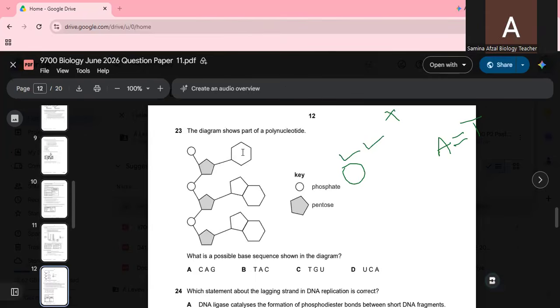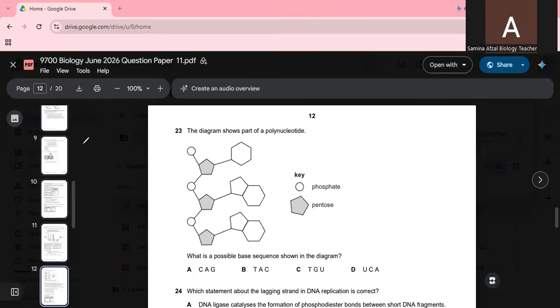Now question number 23. The diagram shows part of a polynucleotide molecule, and the pentose sugar has been shown. What is a possible base sequence shown in the diagram?